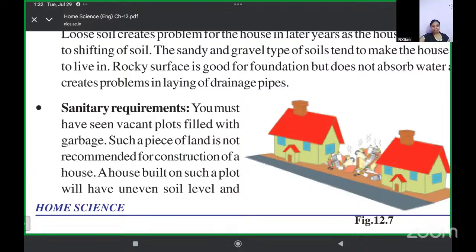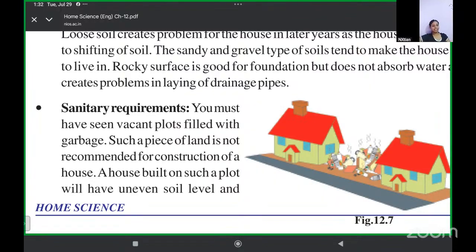So you should not select such a place without proper cleaning, because the waste from the garbage is taken directly into the soil. All the chemicals from the waste go in the soil and make the soil acidic in nature, and it will also be hard for the foundation.